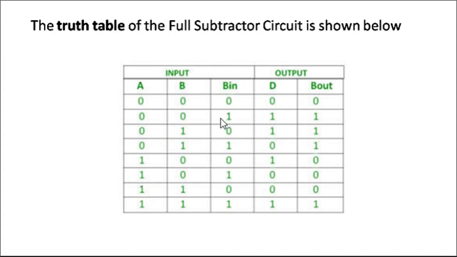But 0 minus 1, difference 1, borrow 1. Like this you can construct the table. Suppose 1 minus 1, both 0 means difference 0, borrow out again 0. But 0 minus 1, both 1, difference 1, borrow 1. Like this we can construct the table.